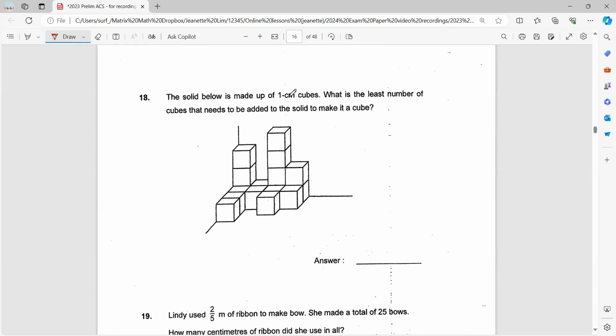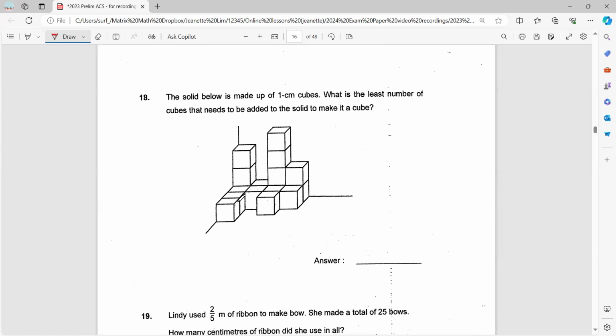Question 8. Solids made up of 1 cm cubes. What is the least number of cubes needed to make it a cube? The minimum number of cubes needed for each side is how many?